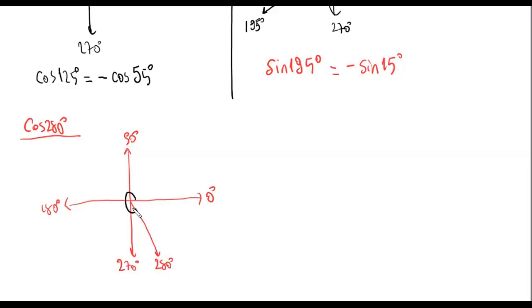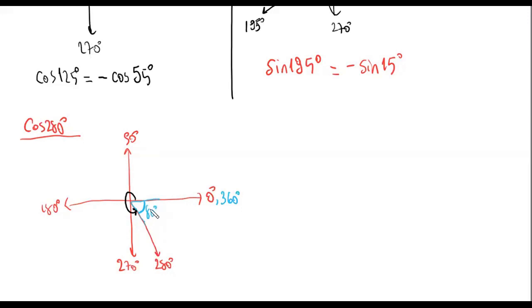This is 280. But I need the angle between the terminal side and the x-axis. How many degrees is it? Let's not forget this is also 360 degrees. 360 minus 280, yes, it is 80 degrees.